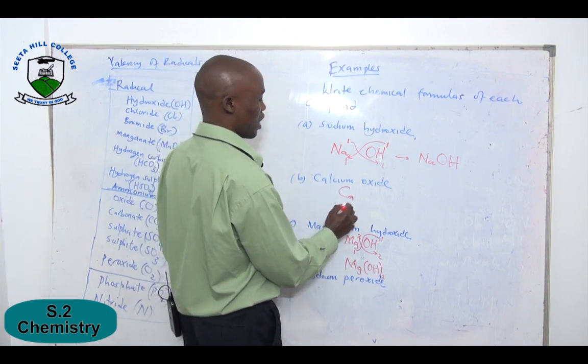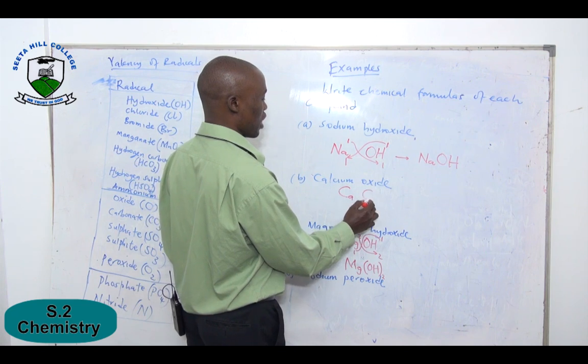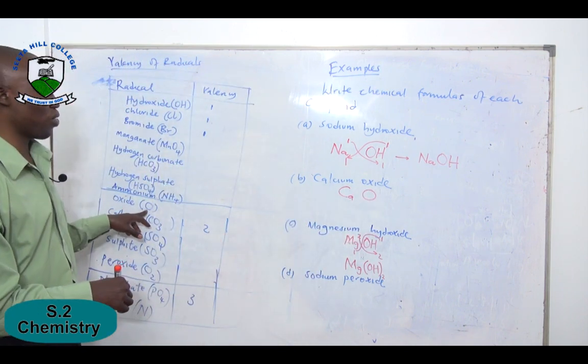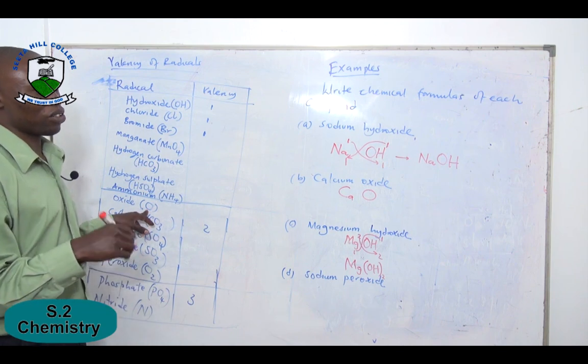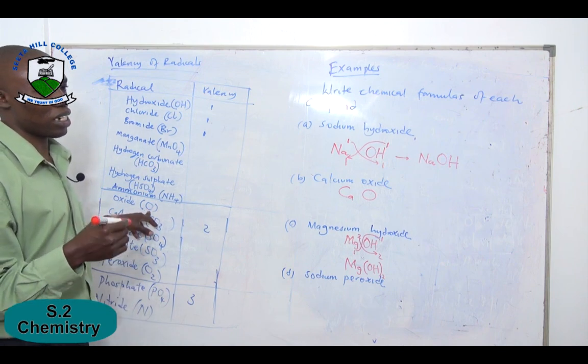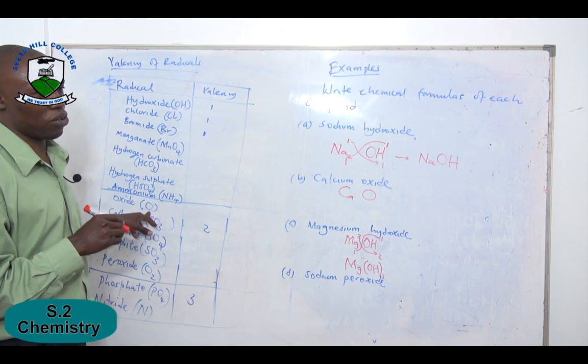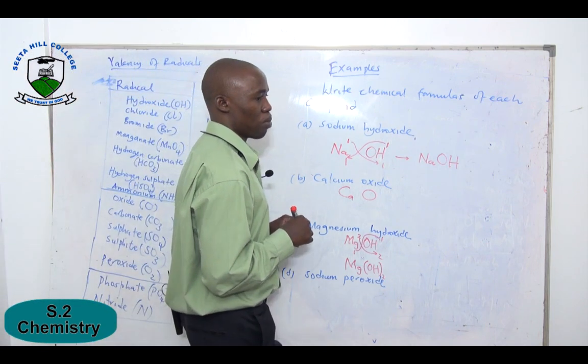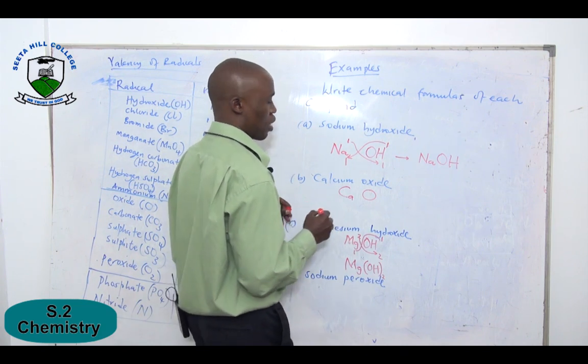Calcium Ca. Oxide, you see, now I think you're seeing oxygen and oxide is the same. But oxygen is the element and oxide is when it has formed the compound. When it has formed the compound, it's called a radical.